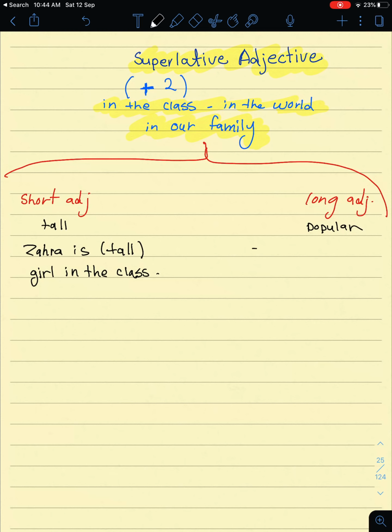And here I'll say Zahra is popular girl in the class. Okay. So here I'm going to highlight just the adjectives.